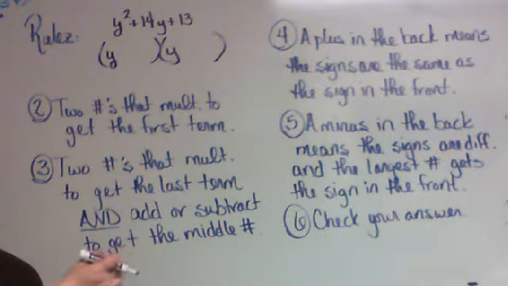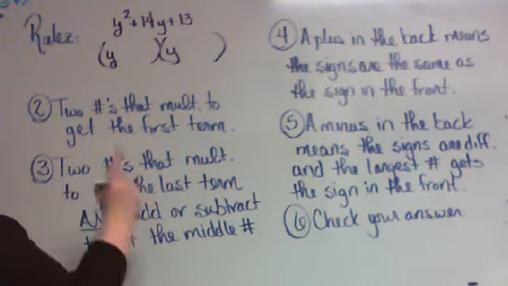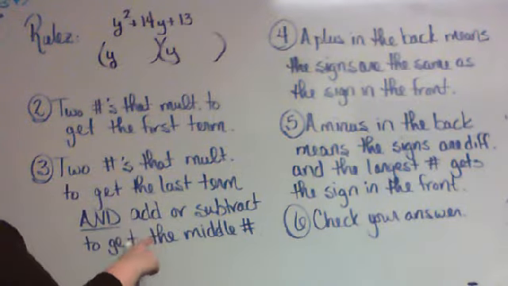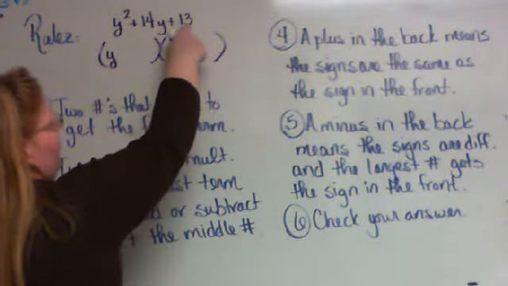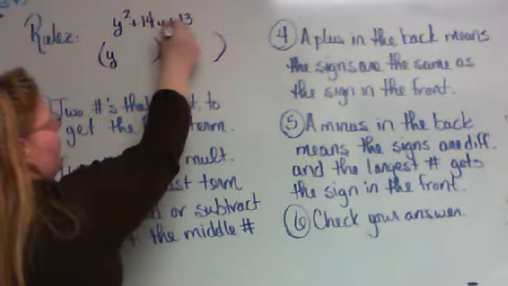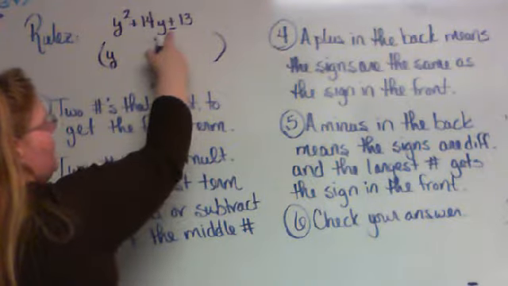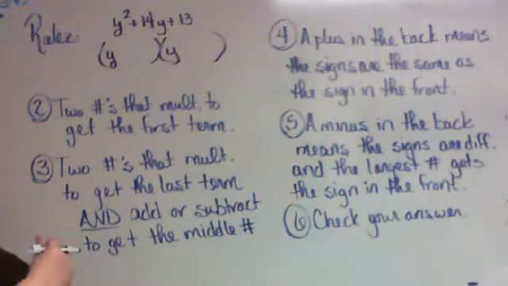Step 3 says 2 numbers that multiply to give you the last term and add or subtract to get the middle number. So I need 2 numbers that multiply together to give me 13. And in this case, they have to add, because there's a plus there, add to give me 14. What numbers multiply together to give you 13?